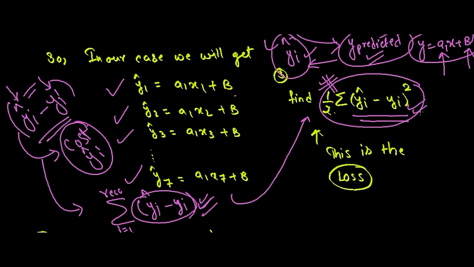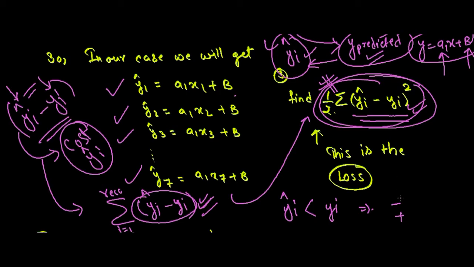Now I'm telling you why specifically we are using this formula. Sometimes there will be a situation when our yi cap is actually less than yi. In that scenario, what will happen? We'll get a negative cost. And when yi cap is greater than yi, what will we get? A positive cost.